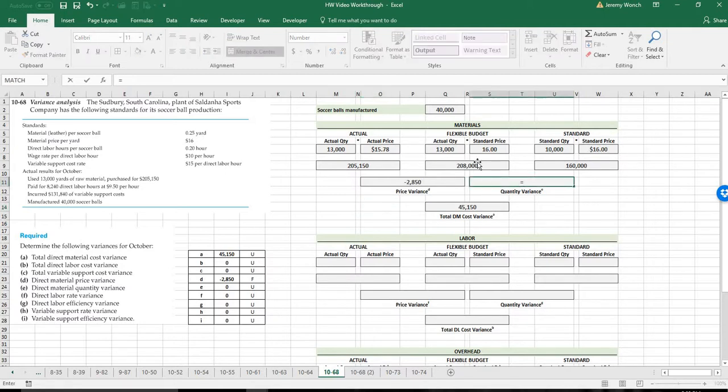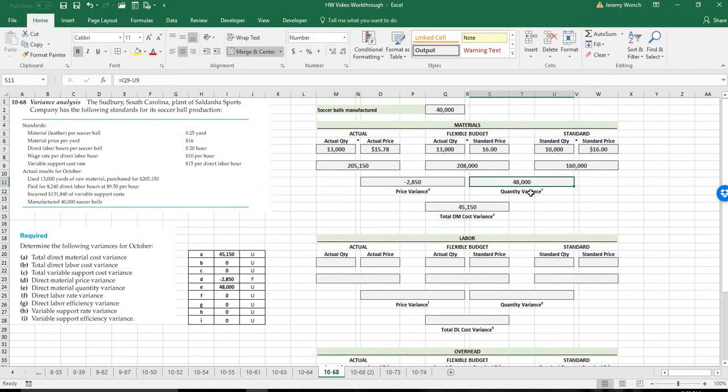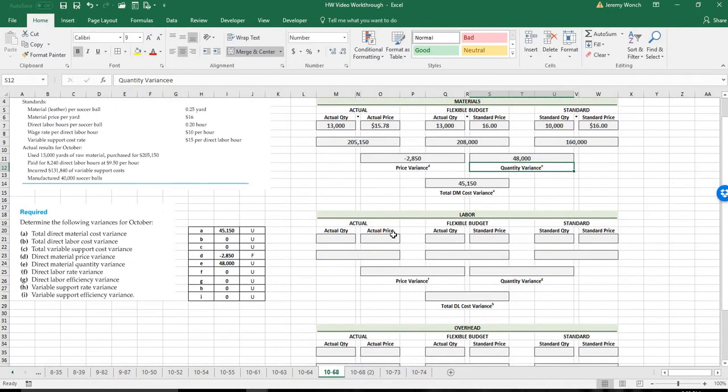And then the rest of it, the 208 minus the 160, is 48,000. What that's saying is that we paid $48,000 more because we used more material than we anticipated. So there might be some waste there, but it's partially offset because we also got a better price for it.